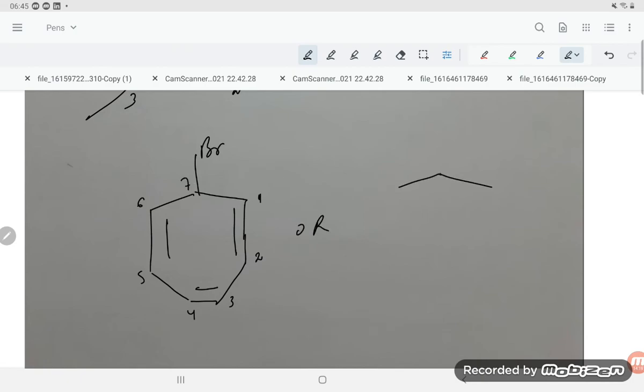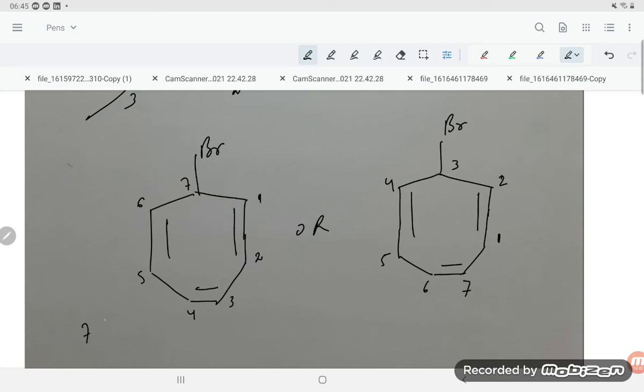Some students are saying, sir, how can you do the numbering like that? So we have to follow the lowest sum rule, students. Suppose if you are doing numbering like that, here you are starting 1, this is 2, this is 3, 4, 5, 6, 7.